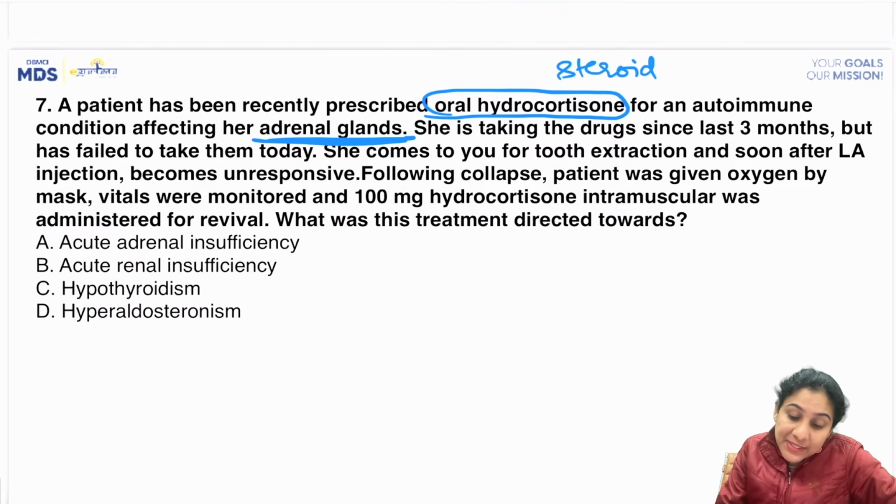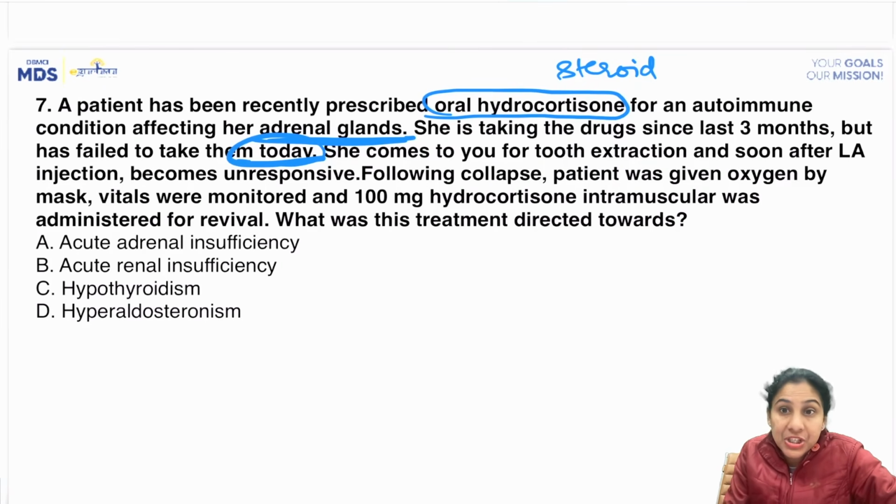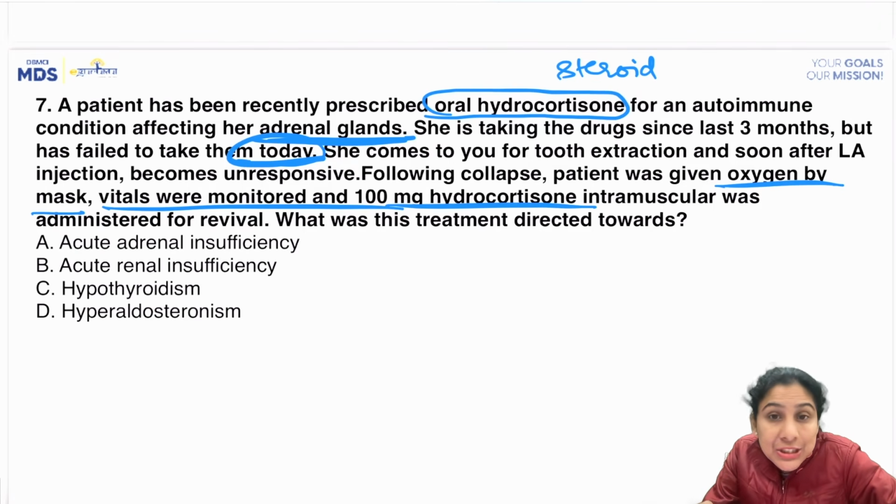Okay, she's been taking the drugs for the last 3 months, but has failed to take them today. She comes to you for tooth extraction, and soon after LA becomes unresponsive. Following the collapse, she was given oxygen by mask, vitals were monitored, and 100 mg steroid was additionally given.